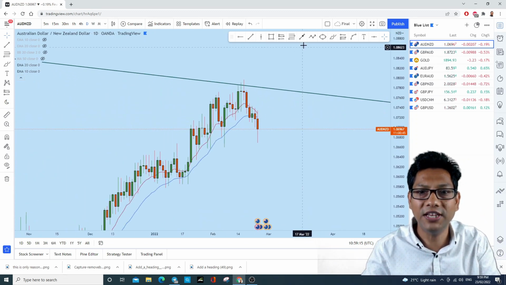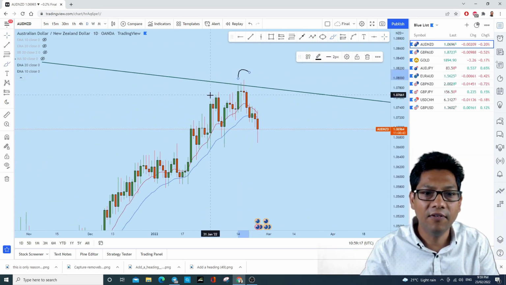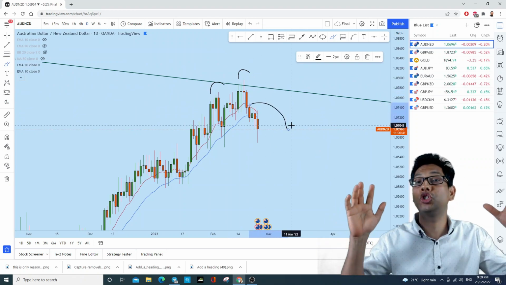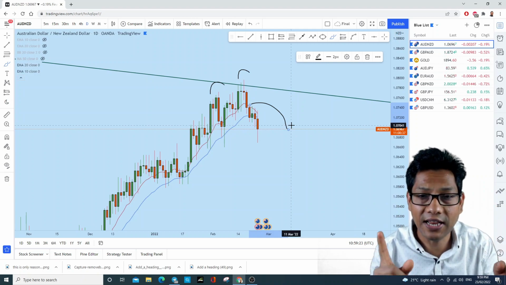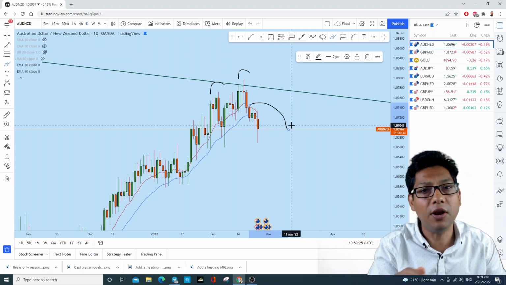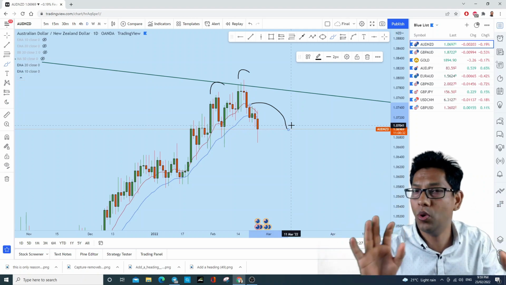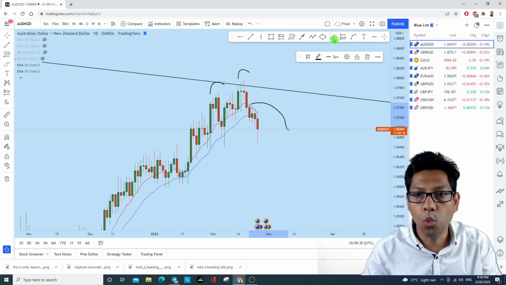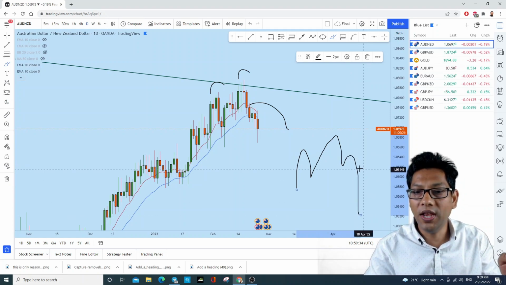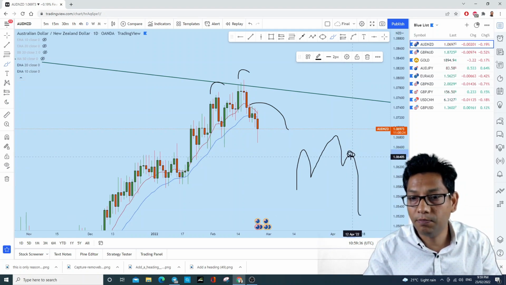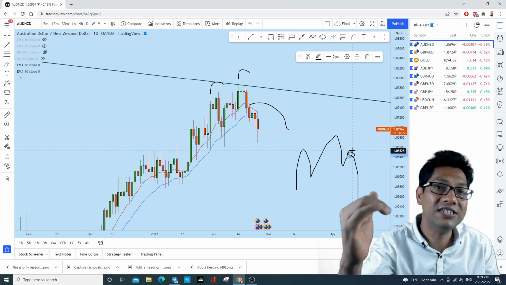So what you saw on the daily, it's a clearly visible head and shoulder pattern. Now remember guys, one secret about head and shoulder, always remember: when you see a head and shoulder like this, it has to be at an important resistance level.